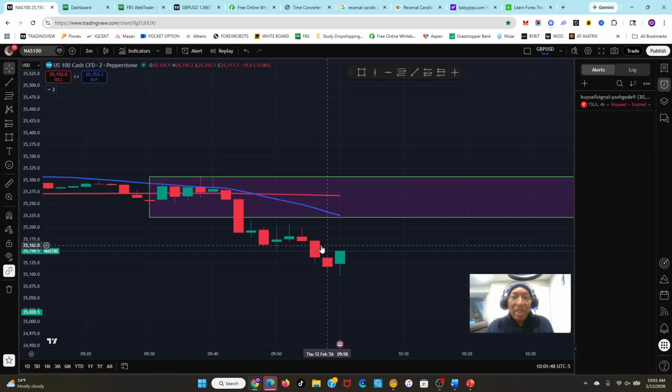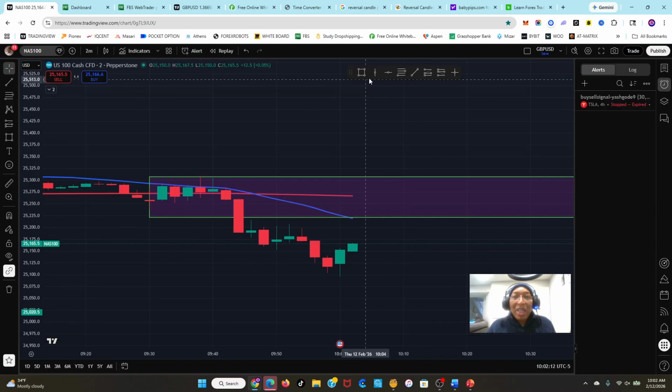There was a sequence here. After the breakout, you can see there was a sequence here. There was a sequence there. There was a sequence there. So we can wait for it to come down.